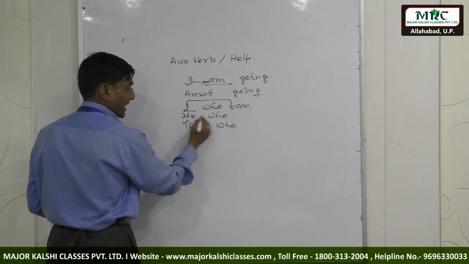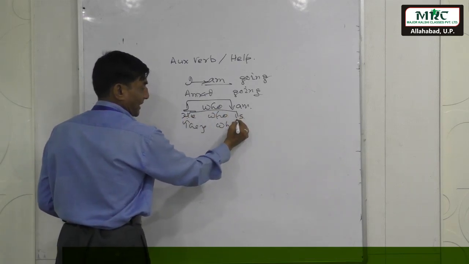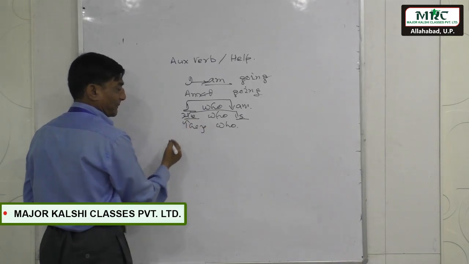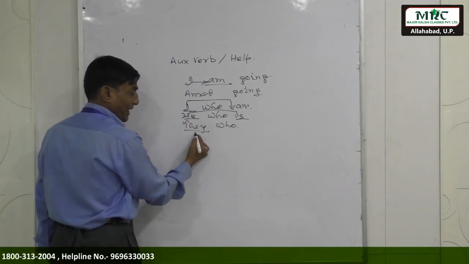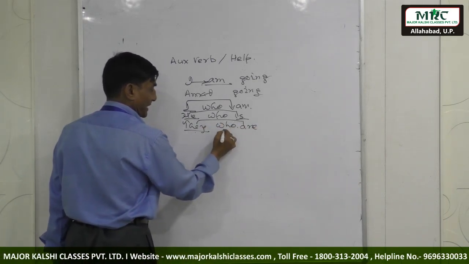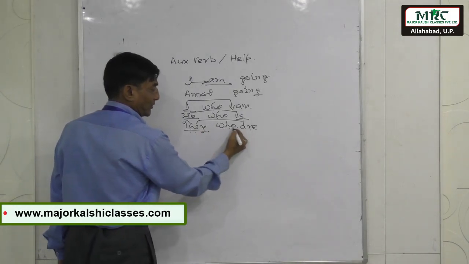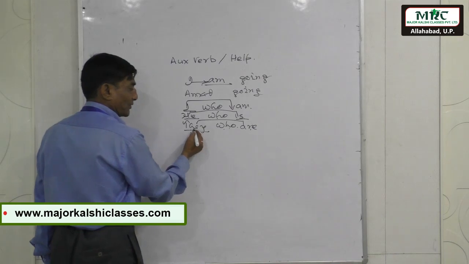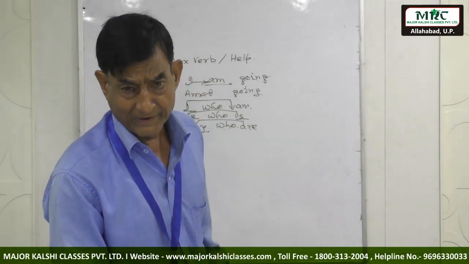If he is there before who, it always takes the verb according to its preceding subject, and if it is plural, it always takes a plural verb. So whatever the subject is before who, the verb after who comes just according to that, and it cannot be used in any other way.